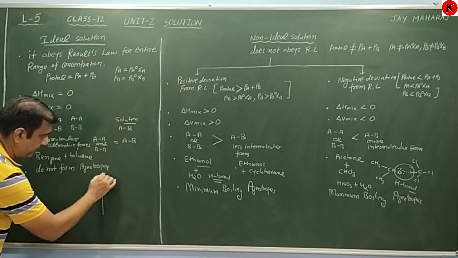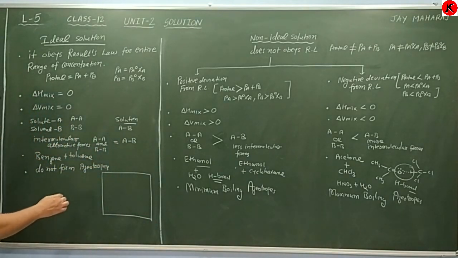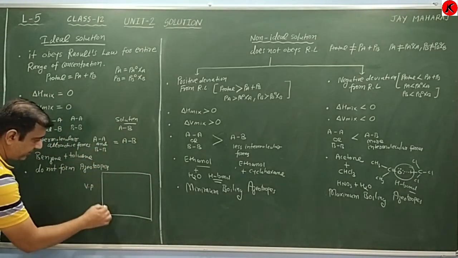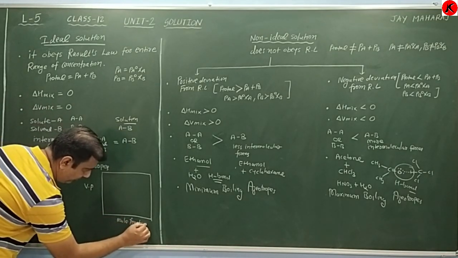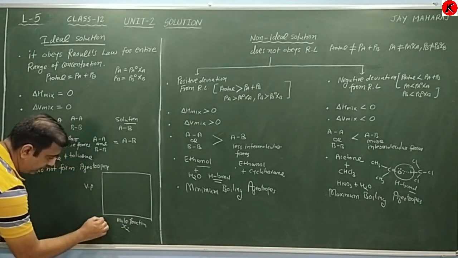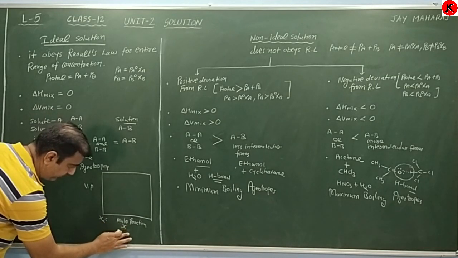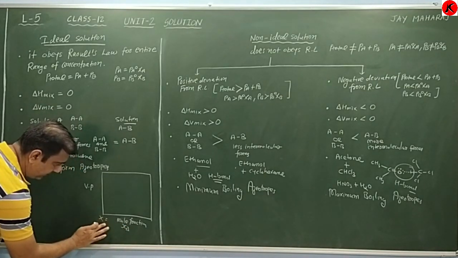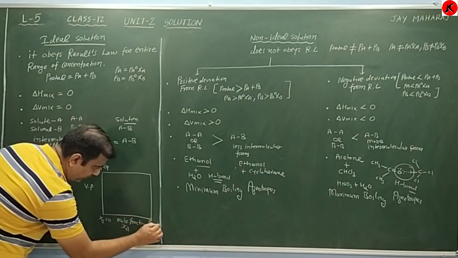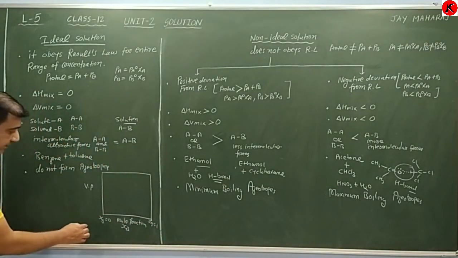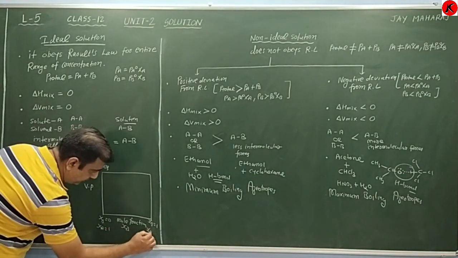Suppose we are plotting a graph like this, for A and B, vapor pressure against mole fraction xB, where xB equals 0 to 1, and xA equals 1 to 0.